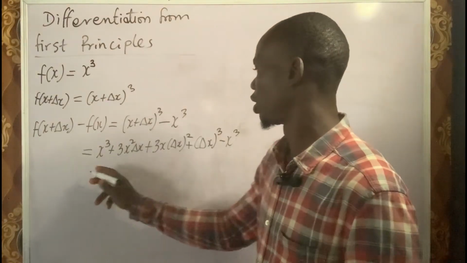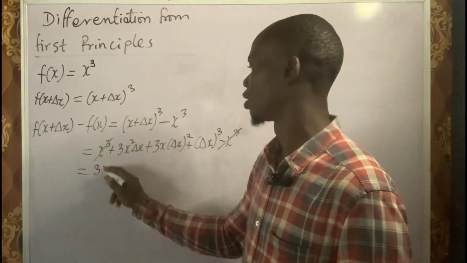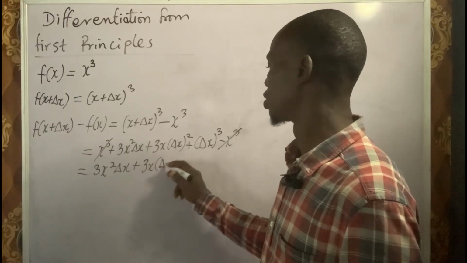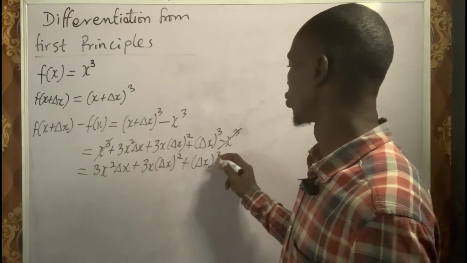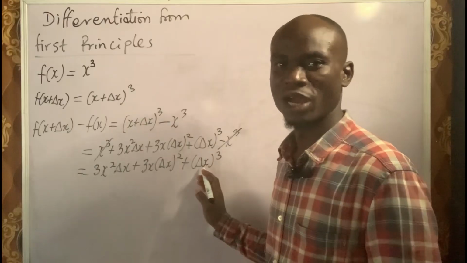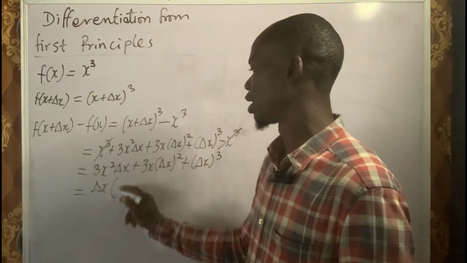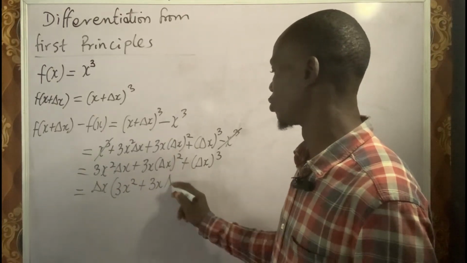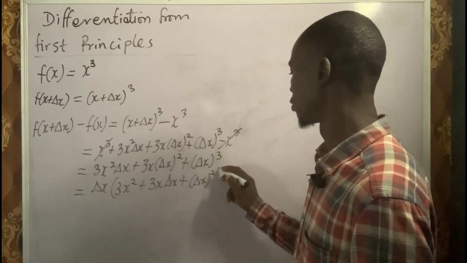Okay, so from here x³ is gone, so we now have 3x²Δx + 3x(Δx)² + (Δx)³. So Δx is common. Since Δx is common, we can have a free Δx, right? So let's bring it out by factorization. Δx will now leave us with 3x² + 3x. One of the Δx is gone, remaining 1. 1 is gone, remaining (Δx)².